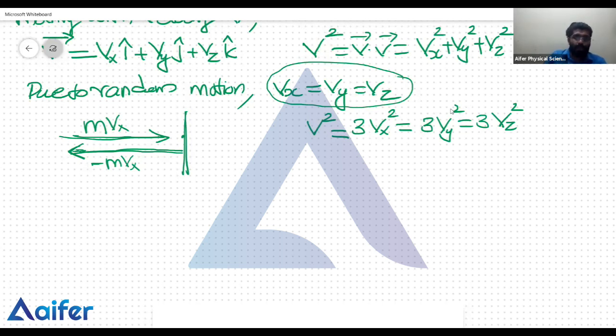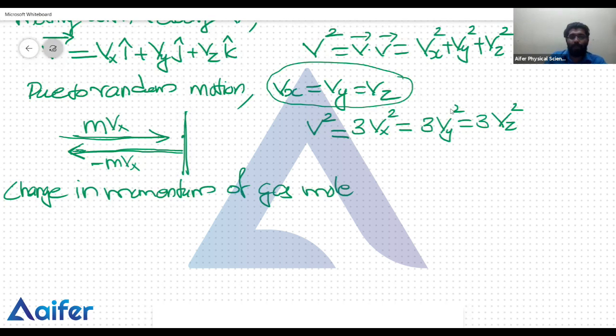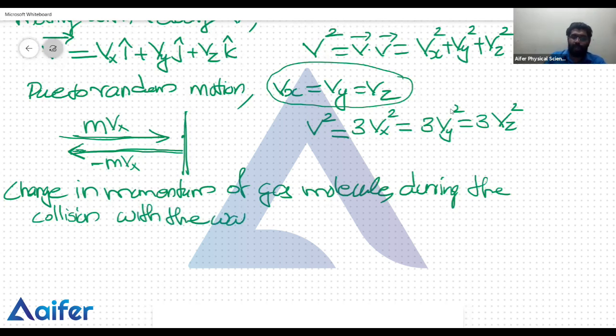So the change in momentum of the gas molecule during the collision with the wall, change in momentum is delta P, right?